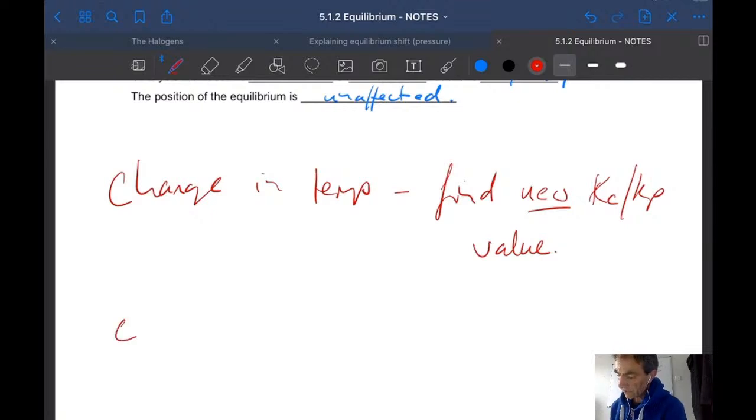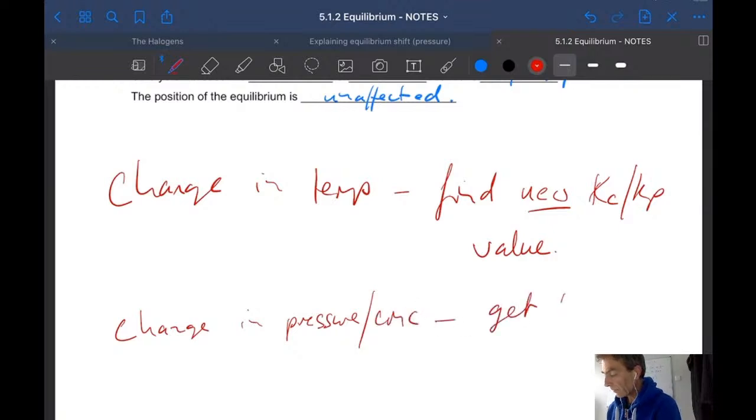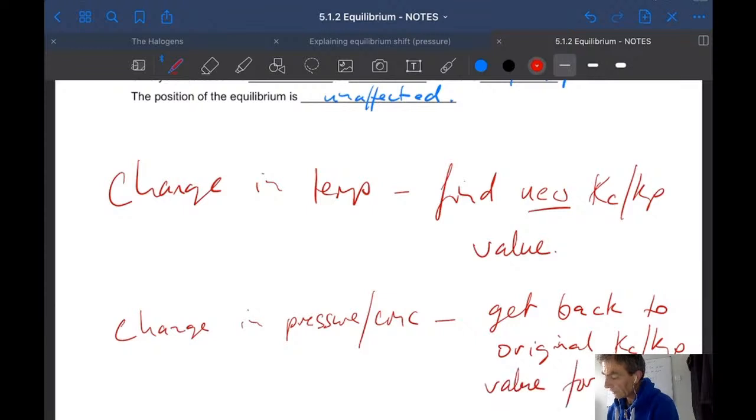The change in pressure or concentration: we need to get back to the original Kc or Kp value for that temperature.